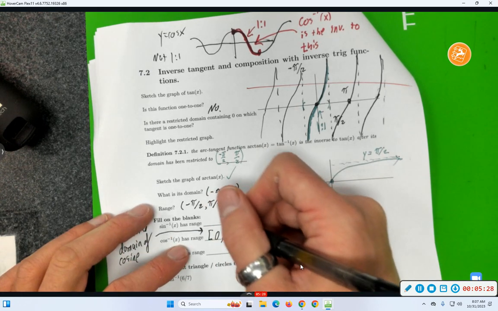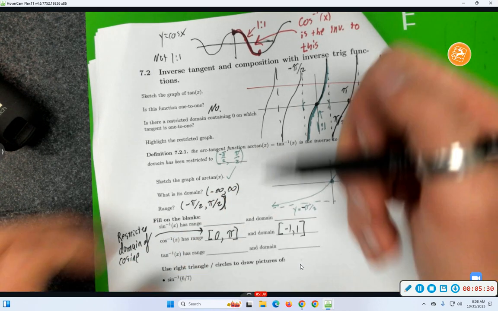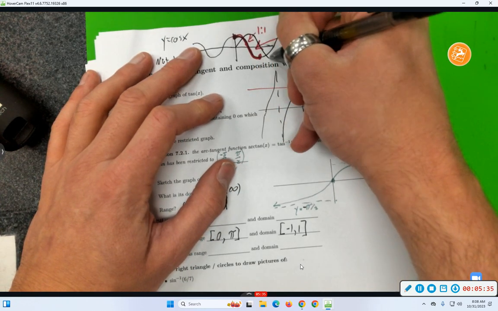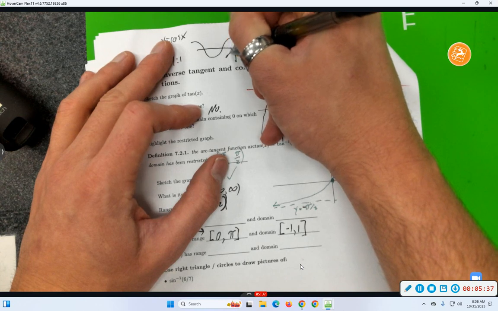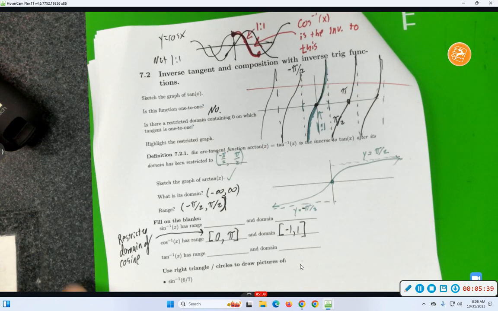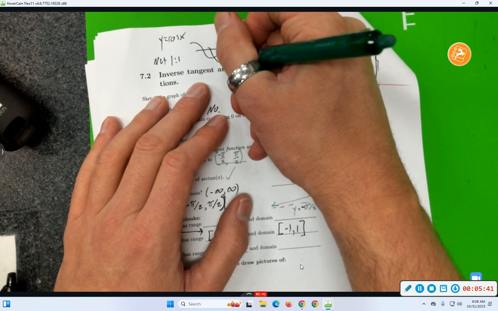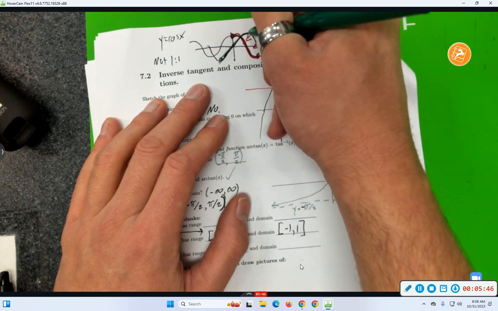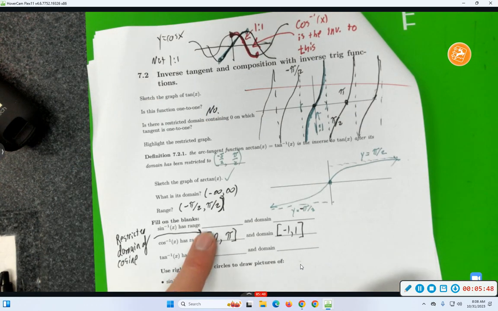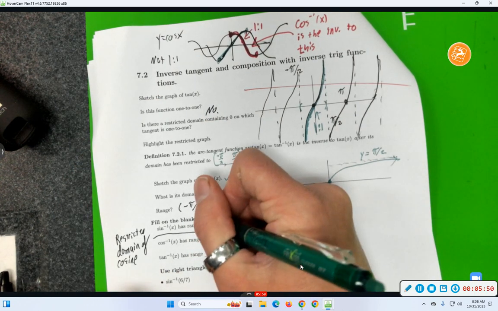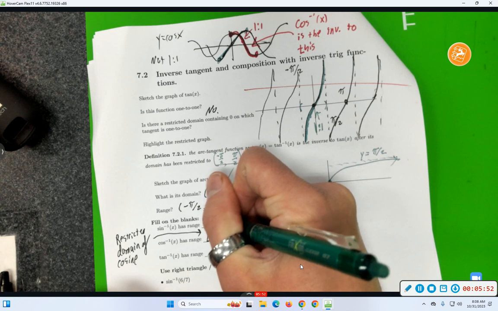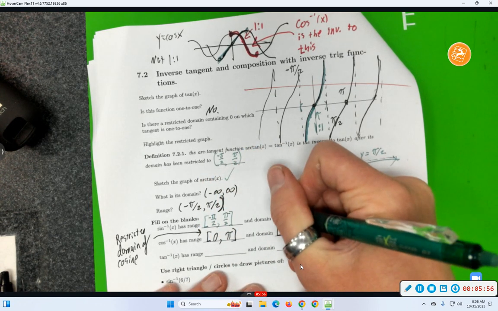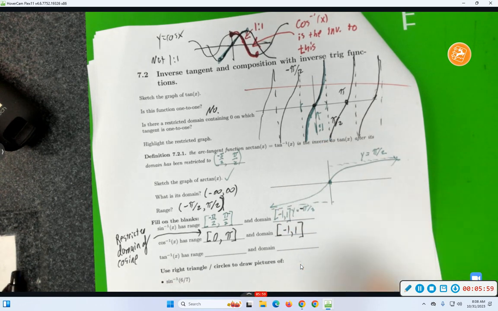Inverse sine, okay, let's maybe recall just by sketching the graph. Sine is also not one-to-one. And if you want it to be one-to-one, it looks like there's the amount of it you want. Inverse sine has range -pi/2 to pi/2, and domain -1 to 1.